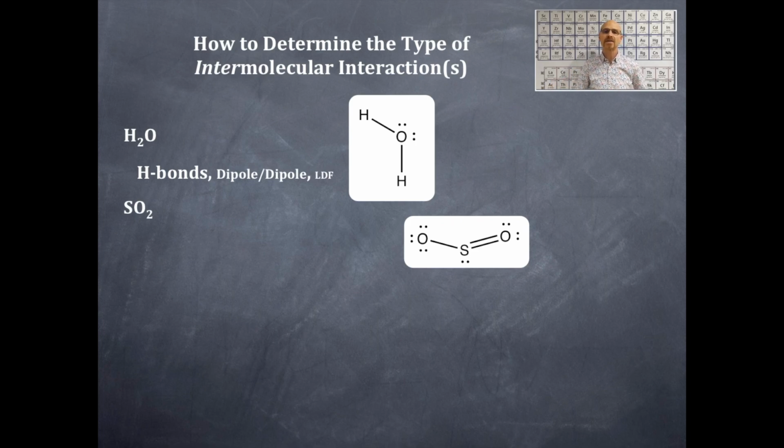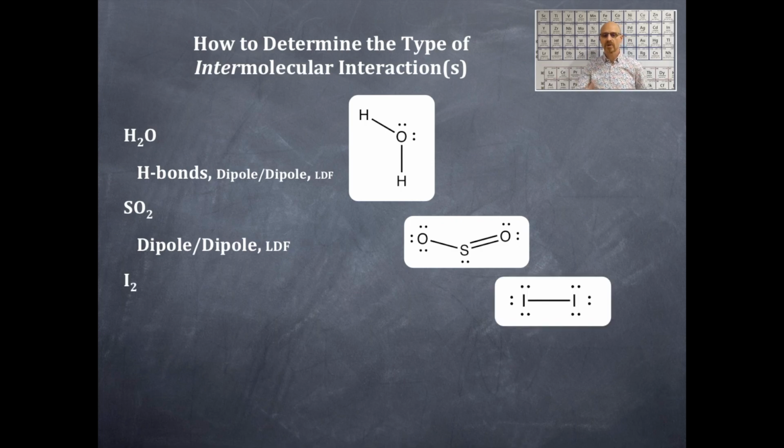Well, it certainly does not have hydrogen bonds in it, but it does have dipole-dipole interactions. And of course, because it has electrons, it has London dispersion forces. So the largest intermolecular force is a dipole-dipole interaction, and then a London dispersion force is smaller than that. Okay? All right, let's give another one a try.